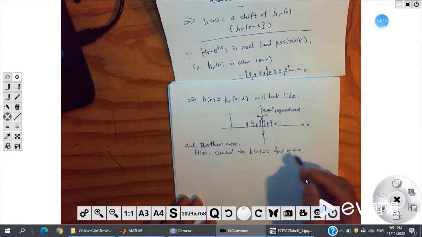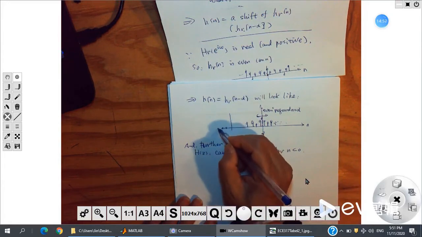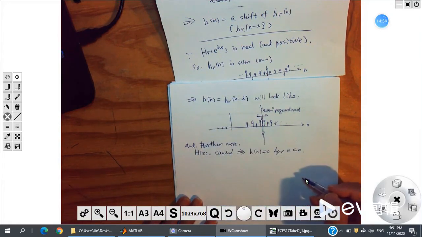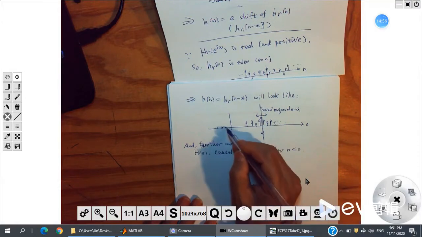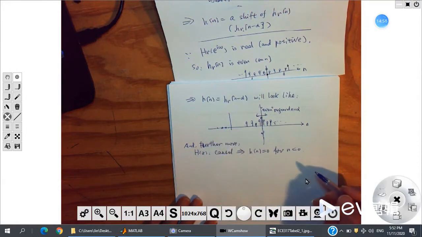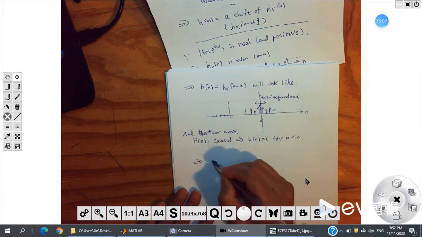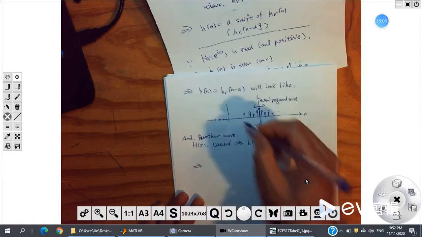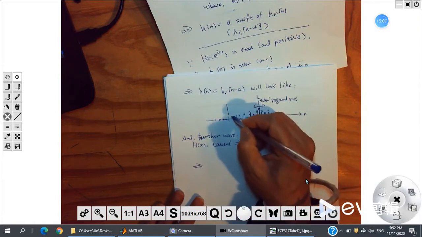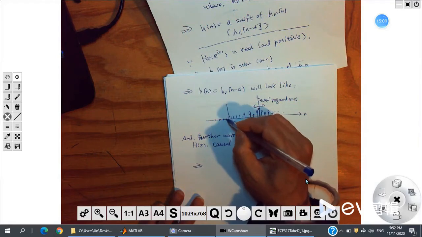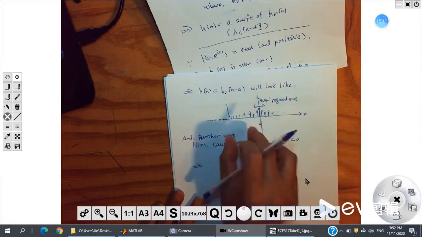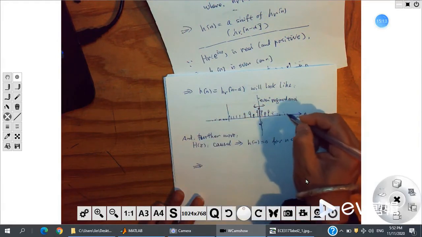For negative n it is 0. So here this should be 0. We do not have non-zero values. So we have this. Okay, so then h of n will be something. You have some value here, then 0 after n goes negative. And symmetrically, this side will be the same thing.